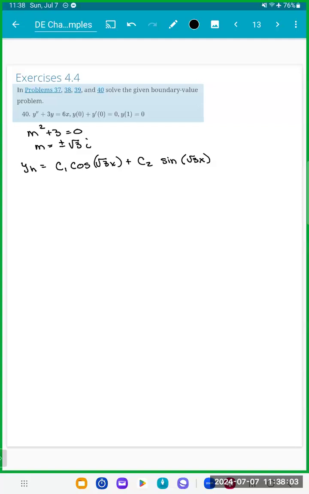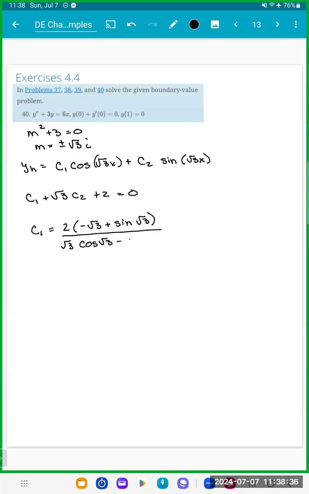So our boundary conditions give the system where we have C1 plus square root of 3 C2 plus 2 equals 0. Solving this gives us that C1 equals 2 times the negative square root of 3 plus sine square root of 3, divided by square root of 3 cosine square root of 3 minus sine square root of 3.